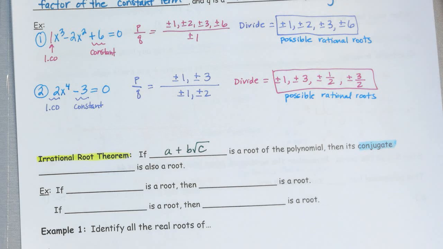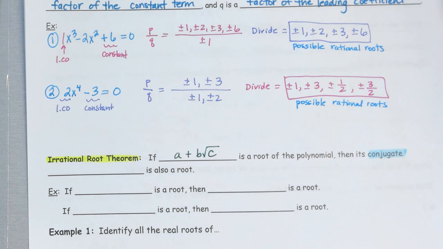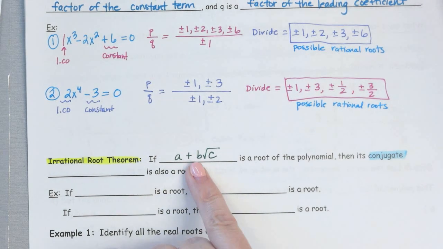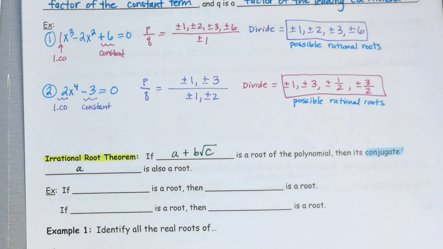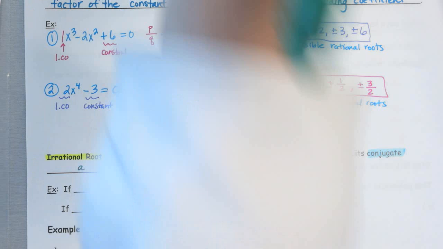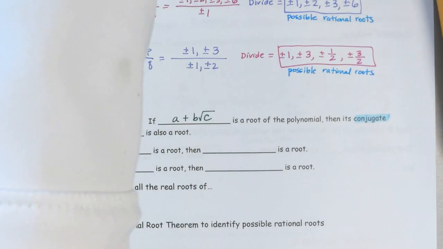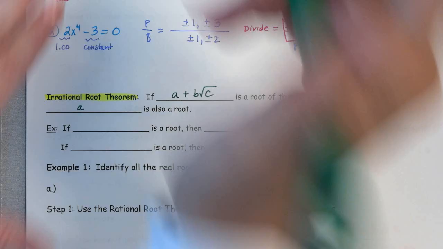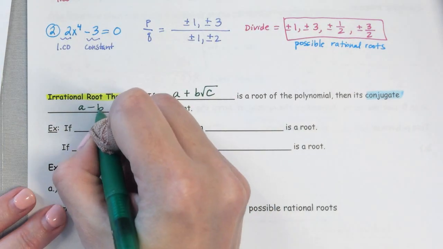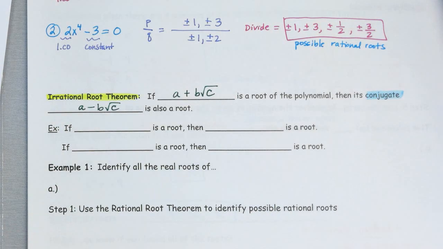Okay, then its conjugate is also a root. Okay, the conjugate of a plus b root c would be a, you guys remember? Minus, just a minus b root c. Okay, so if a plus b root c is a root, then a minus b root c is a root.